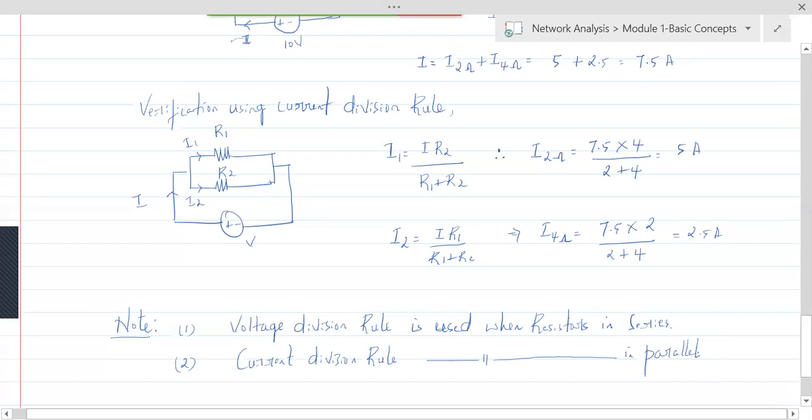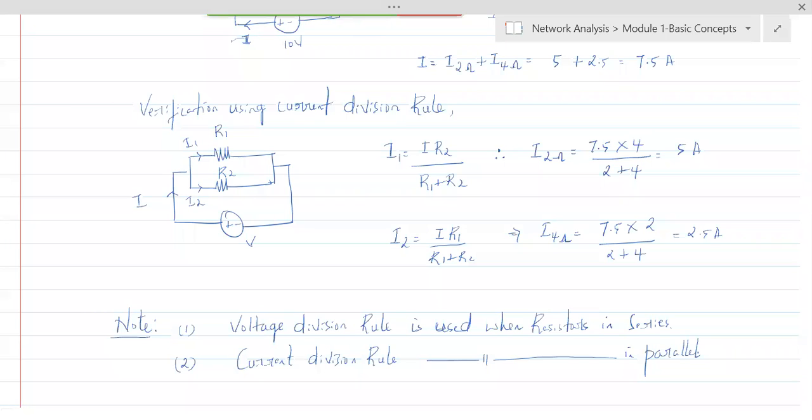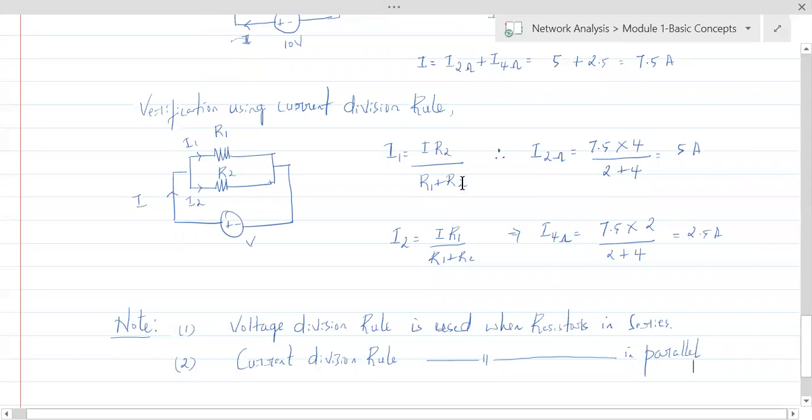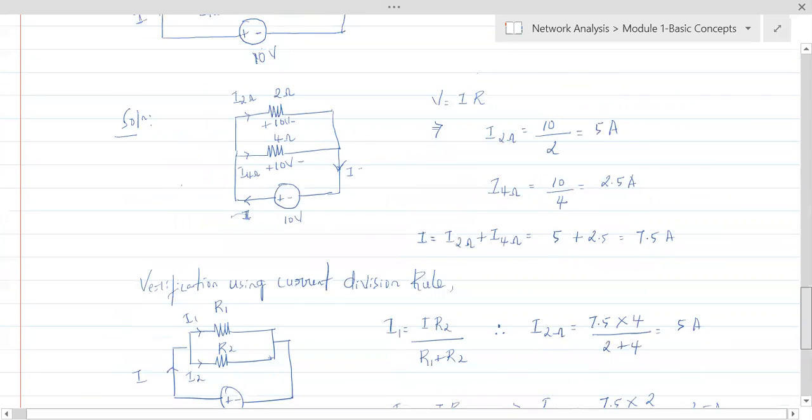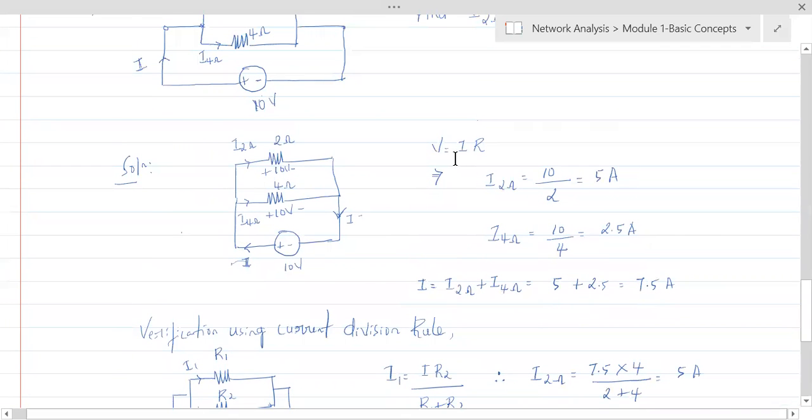So with these basics, this is just something that I wanted to give you. You have seen all this. You were not very particular about current division rule and voltage division rule, but I'm very sure that you all are very aware of V is equal to IR. So using V is equal to IR, if two are known, the other unknown can easily be found out.